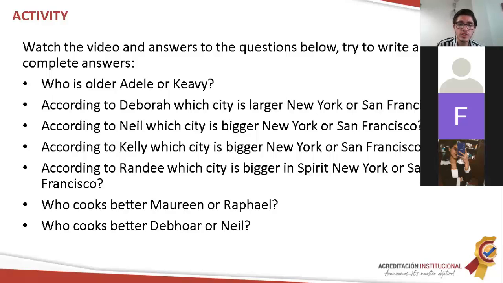According to Neil, which city is bigger, New York or San Francisco? According to Kelly, which city is bigger, New York or San Francisco? According to Ranji, which city is bigger in spirit, New York or San Francisco? Who cooks better, Maureen or Raphael? And finally, who cooks better, Deborah or Neil? So these are all the questions for the activity.